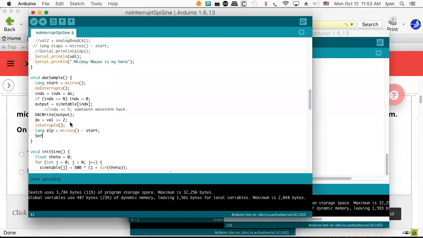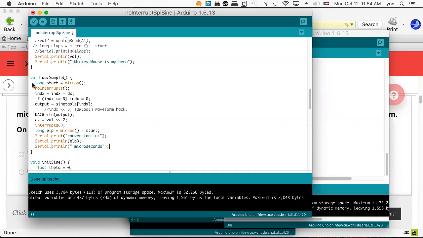And now we can do Serial.println("conversion in"); Let's get rid of the ln in there. Serial.println(elp); Serial.println(" microseconds"); All right, so there you go. Now we can know how fast the actual conversion is occurring.